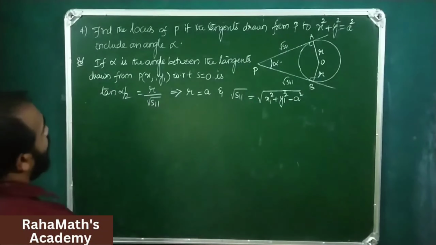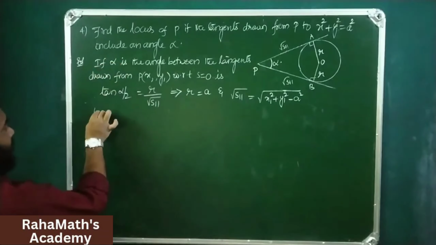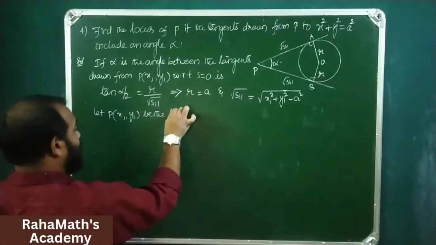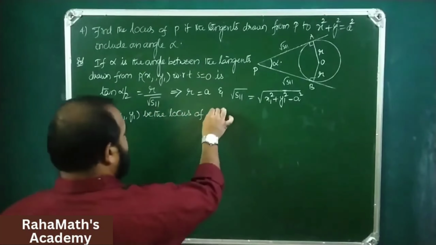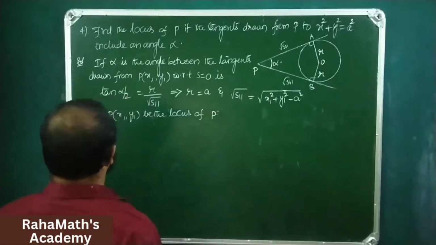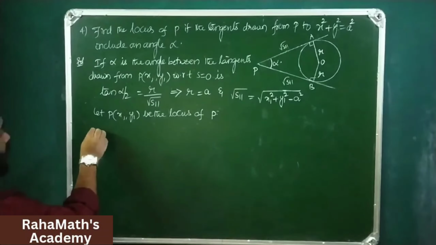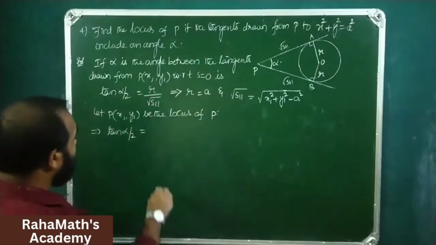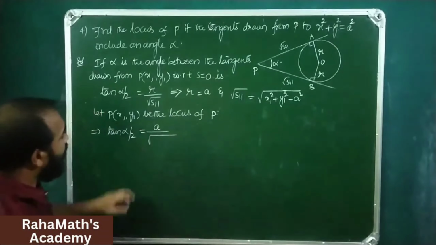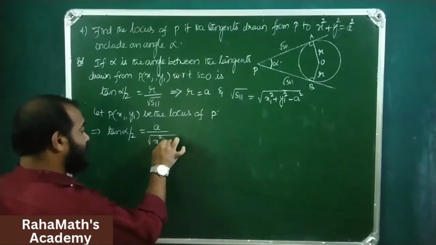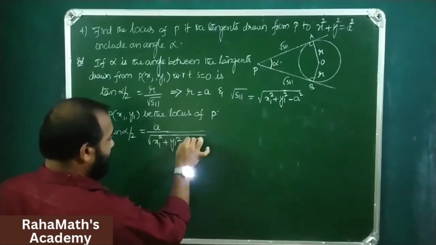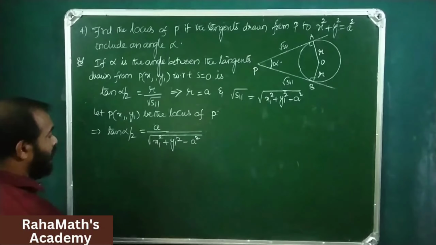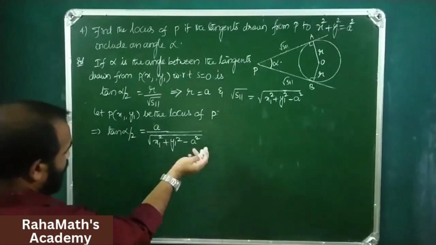Very first and foremost, let P(x1, y1) be the point whose locus we will take. Now tan alpha by 2 is equal to the radius a by square root of S11, which is x1 square plus y1 square minus a square. So tan alpha by 2 is this, we got.